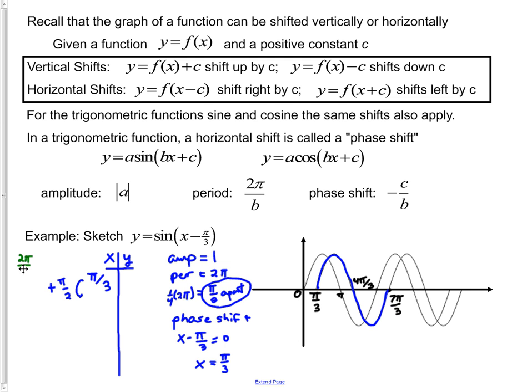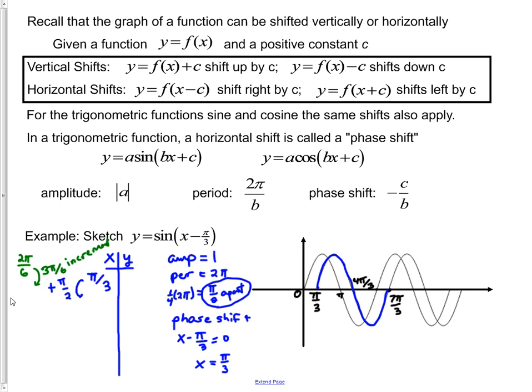And pi over 2 is the same thing as 3 pi over 6. So our 3 pi over 6 increment is what we're going to be using.